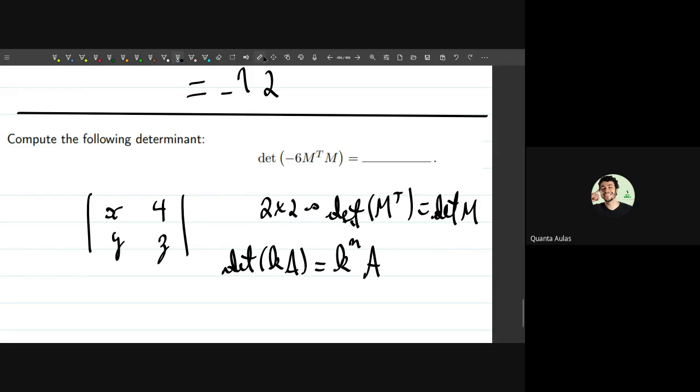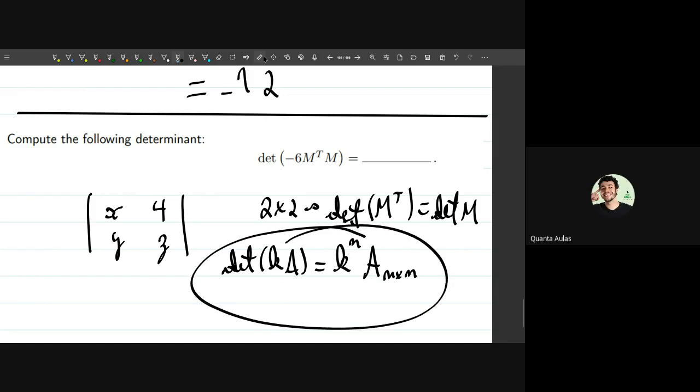So this matrix is square, and this matrix needs to be square too. Square means the same number of rows and columns. So we have this to make our problem easier.